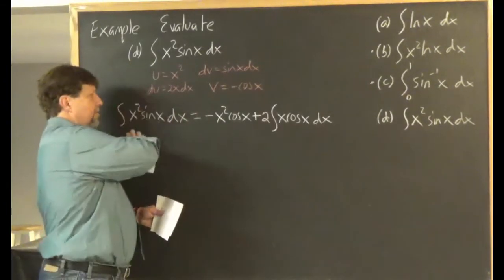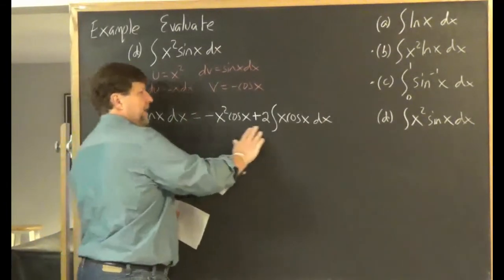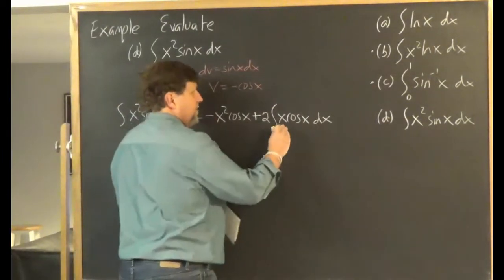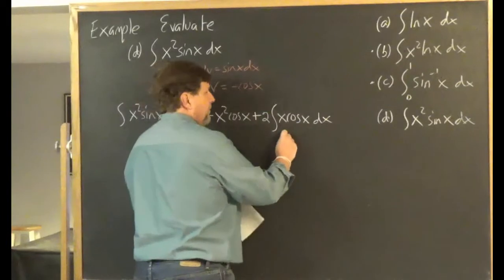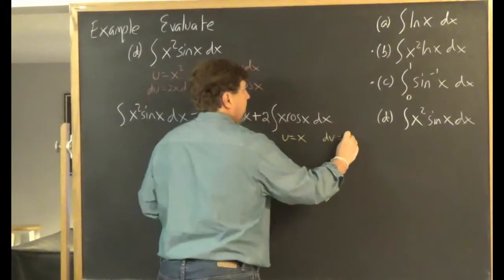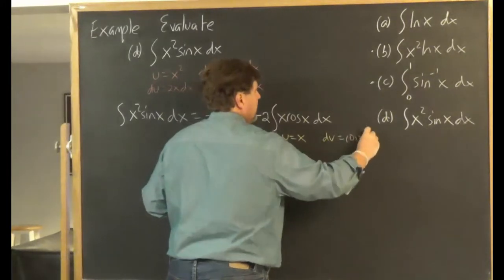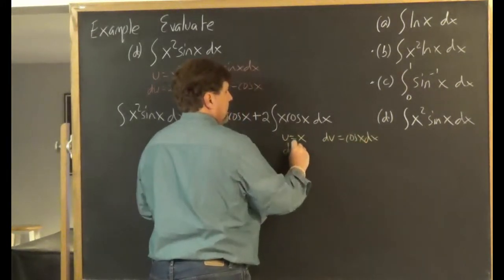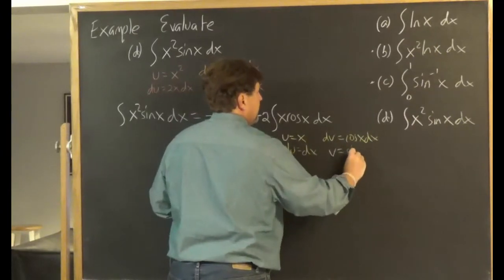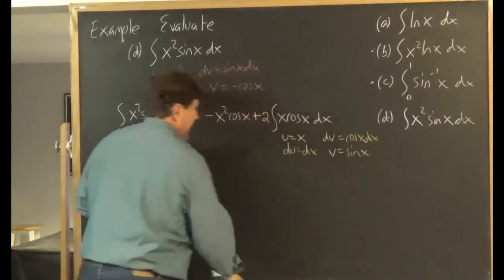Integration by parts. So this is an example where we have to do integration by parts more than one time. The first crank through of integration by parts gives us this. Now we use integration by parts on this integral. u is x, dv is cosine x dx, du is dx, v is sine x.